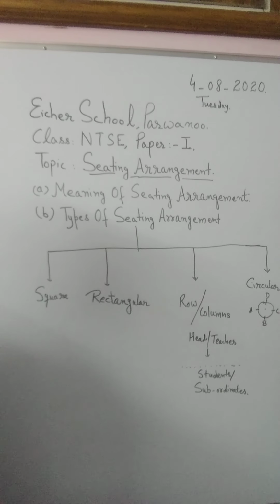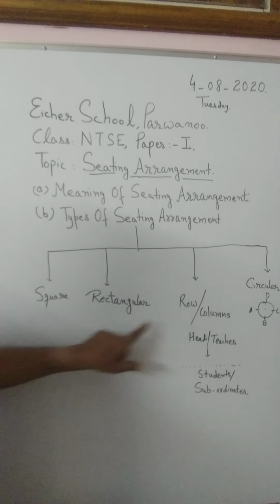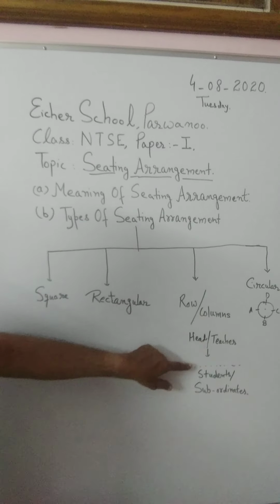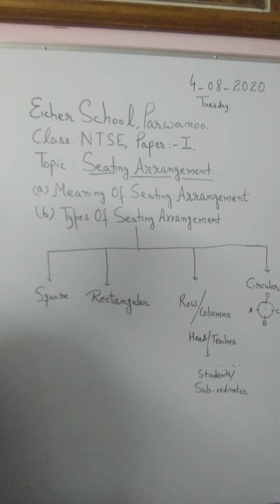So what are the types of sitting arrangements? The types, as I have already explained in the meaning, are very common. Number one is square form, second is rectangular form, third is row or column form, and fourth is circular form.